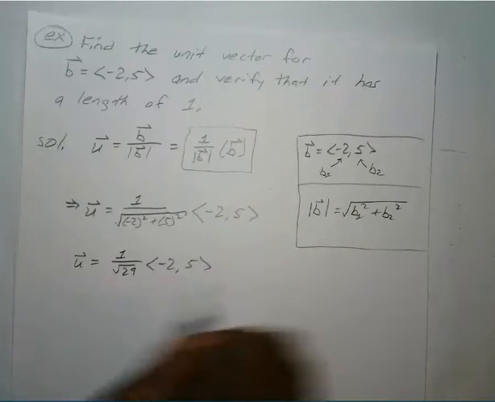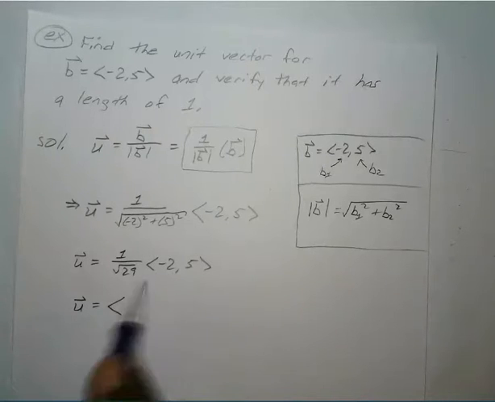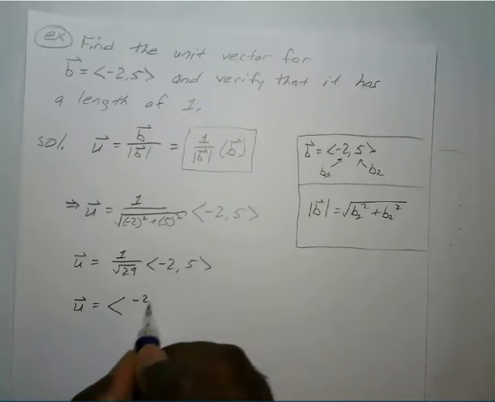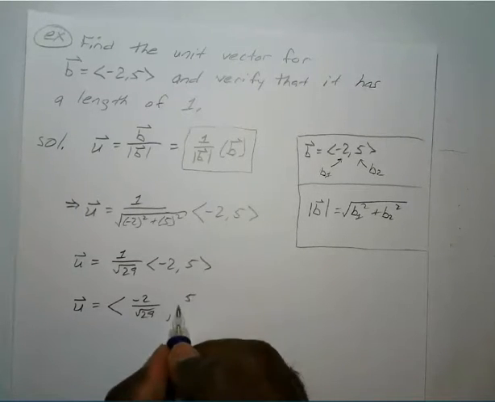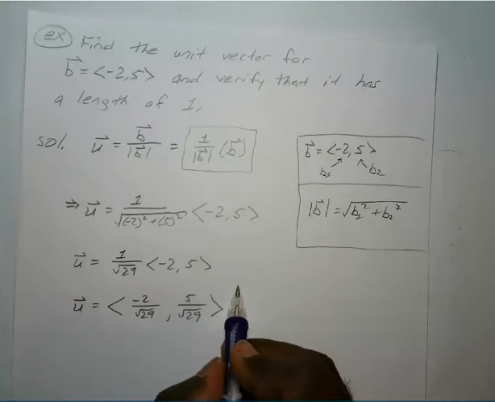Remember you can just multiply that scalar to each one of those, so you have negative 2 over square root of 29 and 5 over the square root of 29 as your unit vector.